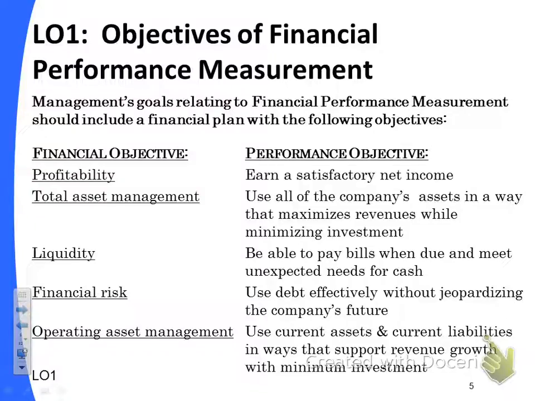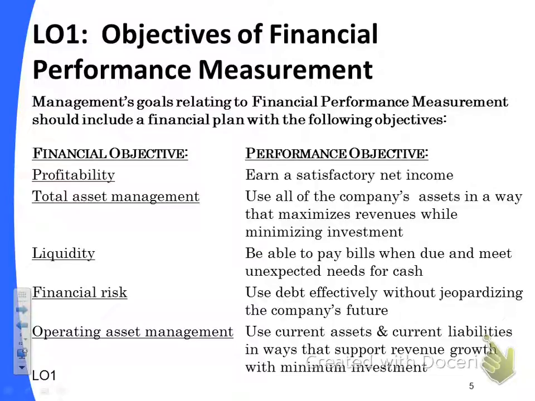And management's goals relating to financial performance measurement should include some financial plan for achieving those financial objectives. So the profitability measure, the idea would be the company wants to earn a satisfactory net income.